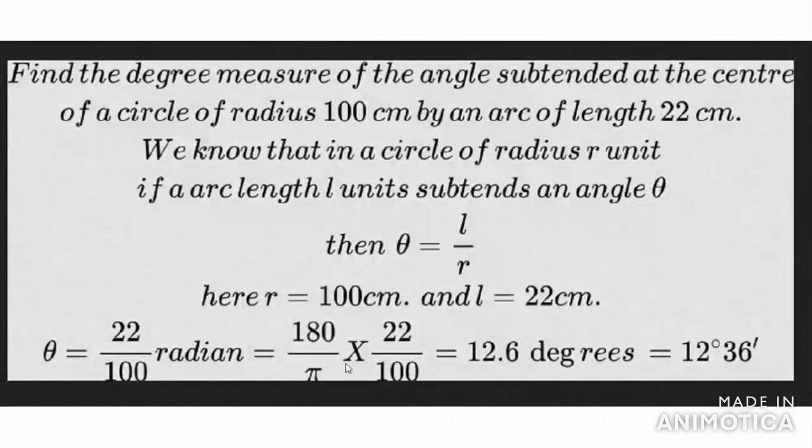That is 180 by pi into 22 by 100. If you simplify this, you will get 12.6 degrees. Further, this 0.6 degree can be represented in minutes, just multiplying 0.6 by 60. 0.6 into 60 is equal to 36 minutes, and which is equal to 12 degree 36 minutes.